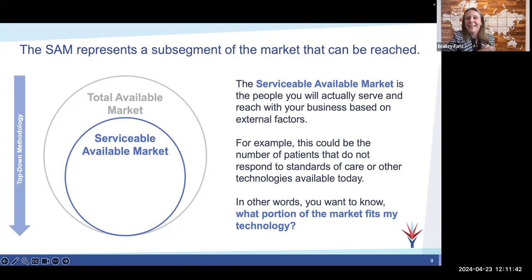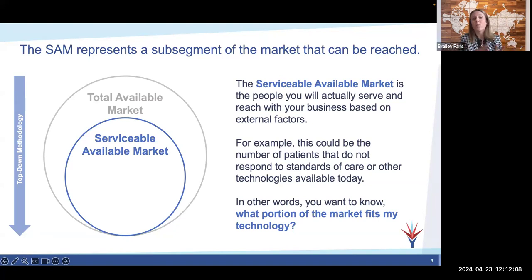Thank you. At the next level, the SAM represents a subsegment of the market that can be reached. This is all about the market penetration that you can reach based on external factors, which could include competition, regulatory barriers, and supply chain limitations, for example. Estimating the SAM is really about understanding what portion of the market your technology fits into, again, based on those external factors.